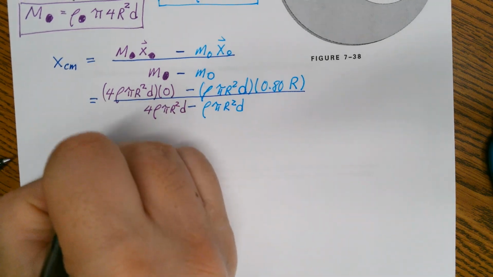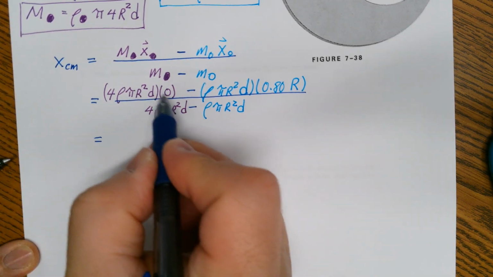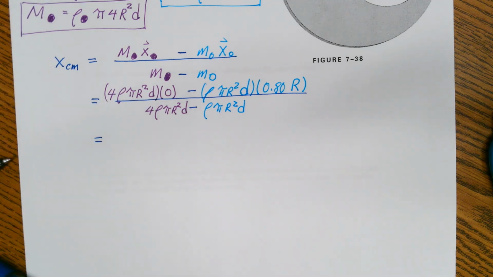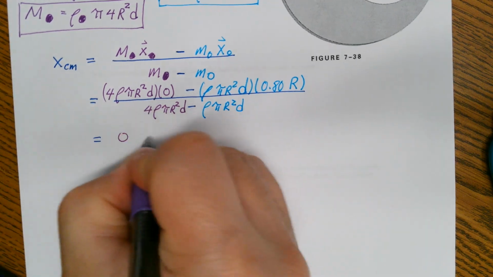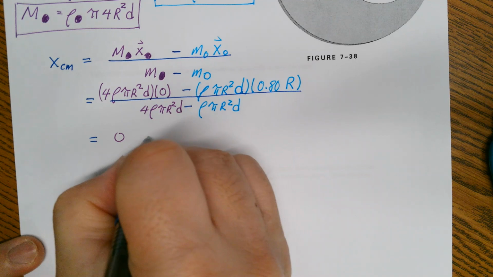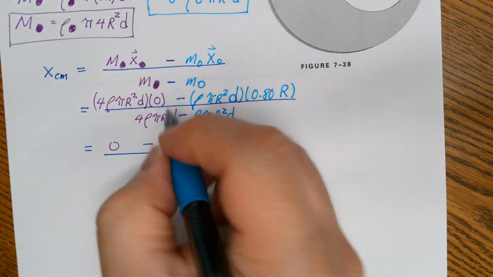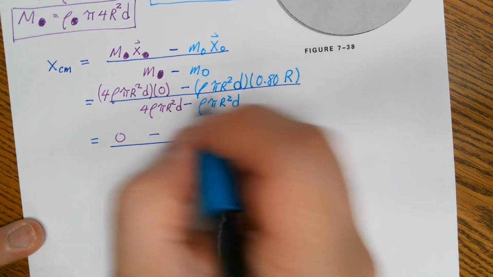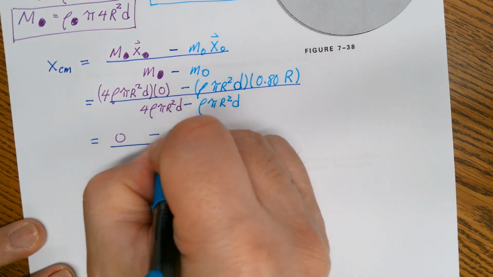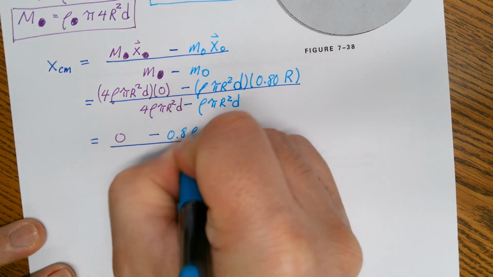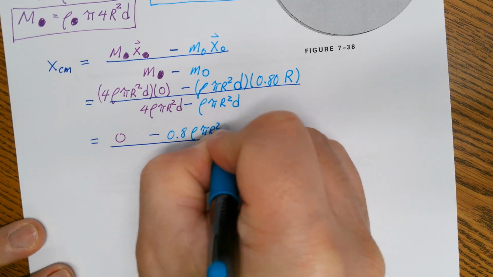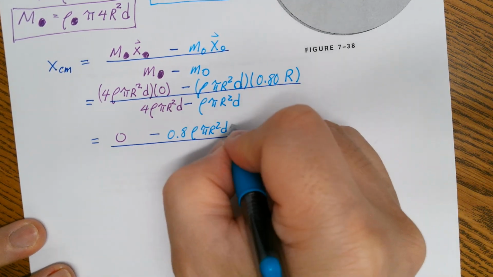So now we know this is going to be 0 because 0 times anything is going to be 0. So 0 minus, right? This right here is simply 0.8 rho pi r squared d times r.